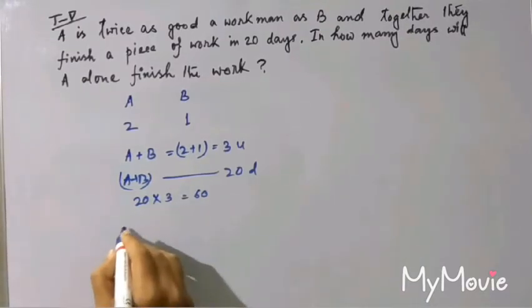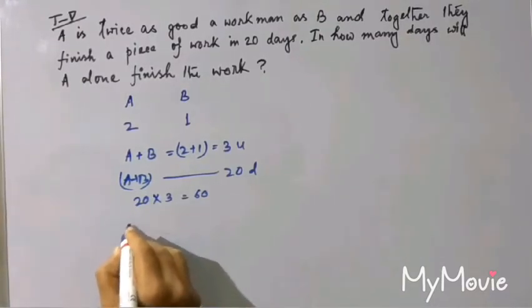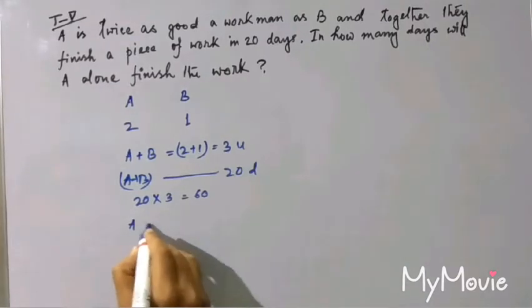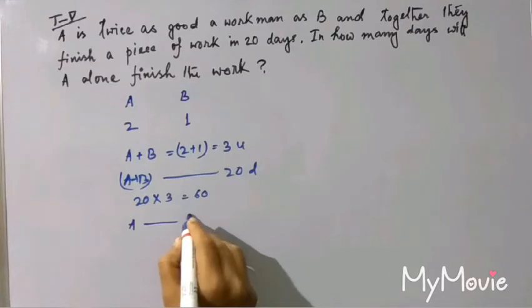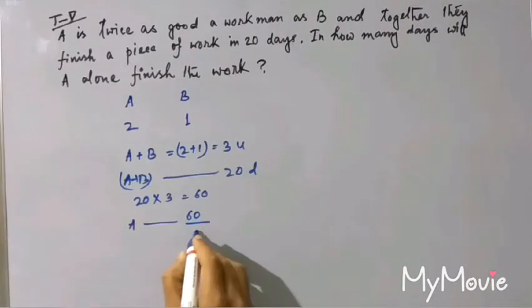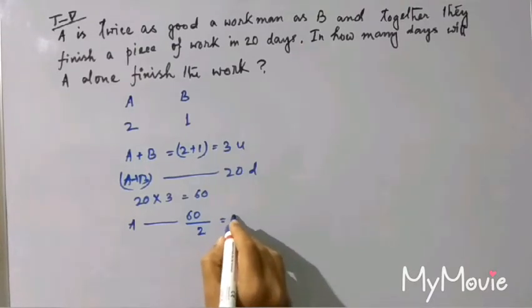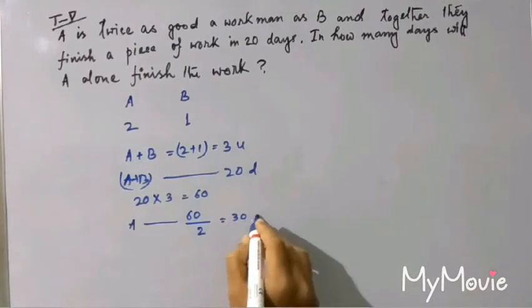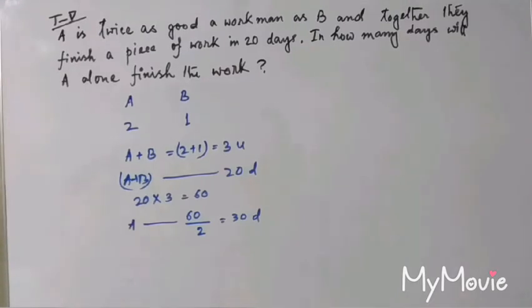And then we can easily work out the number of days of completion of A alone. In the method we have learned earlier, that is 60 divided by A's unit of work, that is 2, is equal to 30. Therefore A completes the total work alone in 30 days.